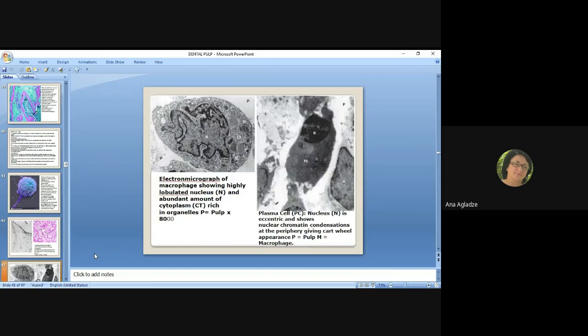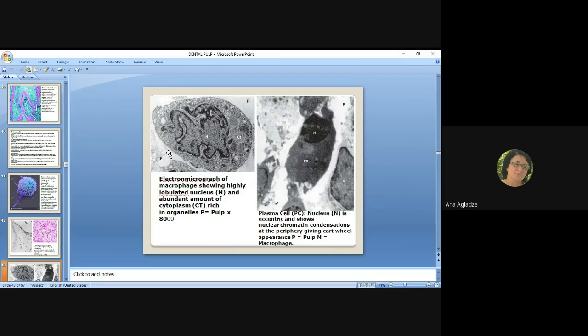And here you can see an electron micrograph of a macrophage, and it has a highly lobulated nucleus and an abundant amount of cytoplasm. These cells release cytokines, bactericidal enzymes, proteases, lipases, and growth factors.